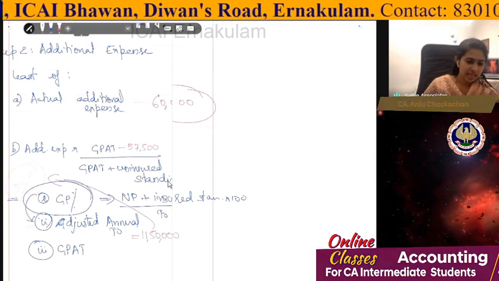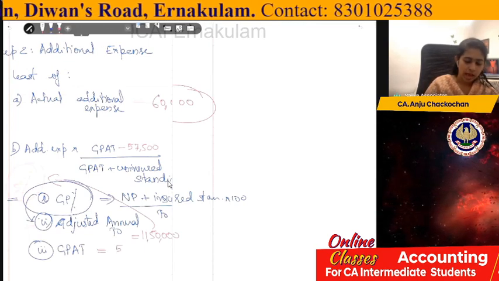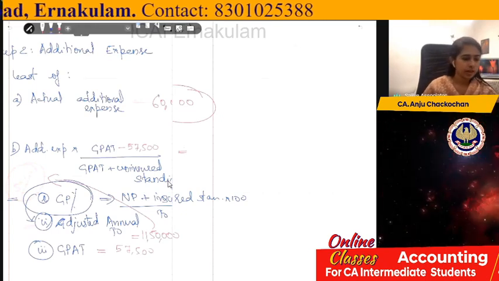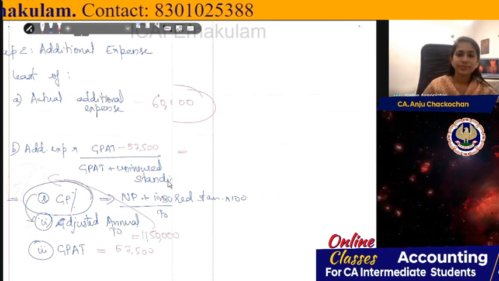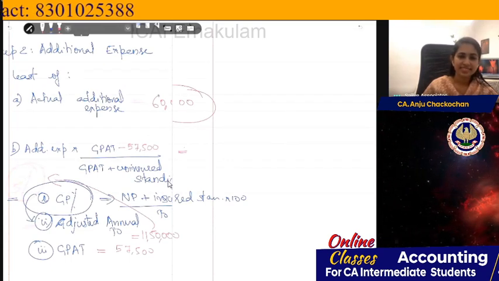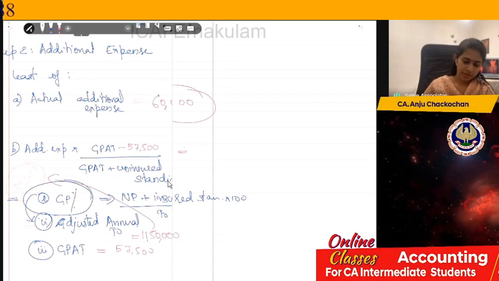So GPAT as 57,500. Cool. And then you will have to apply that in the second formula.